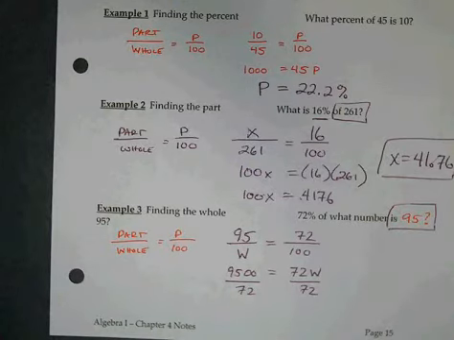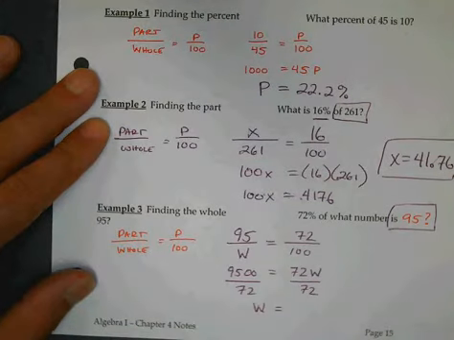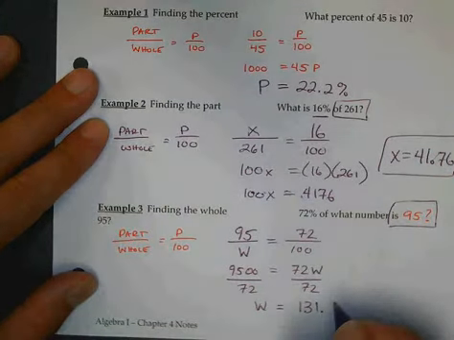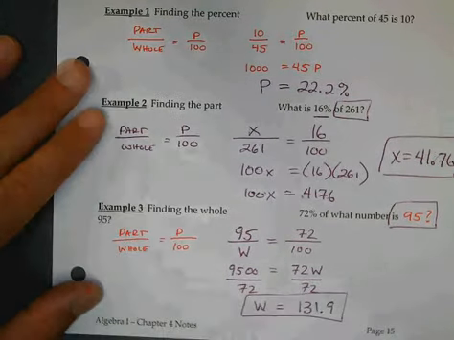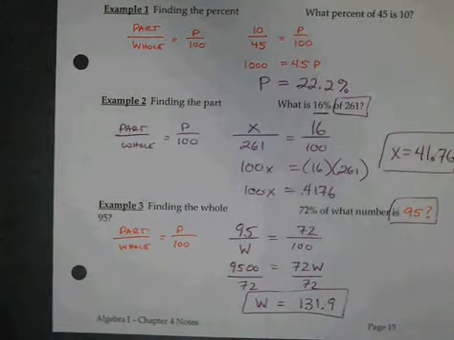What's my division? What do I get? What does W equal? 131.94. So let's say 131.9. If they never tell you, Brittany, round to the nearest tenth. Just as a general rule.